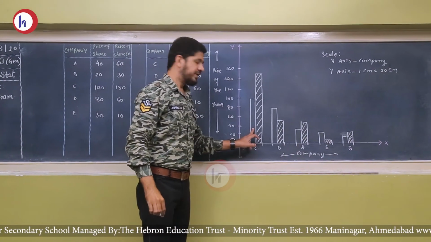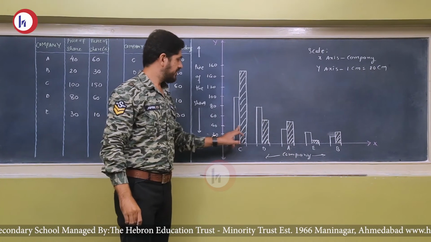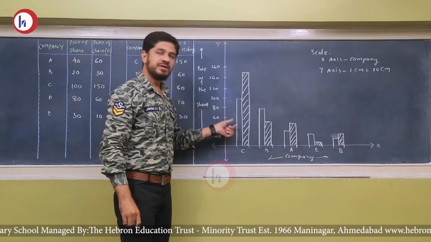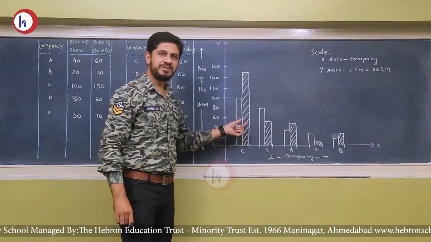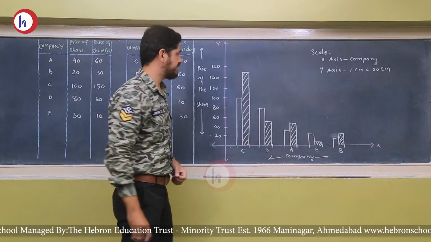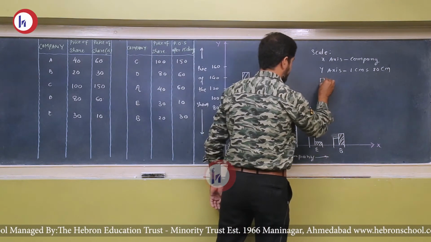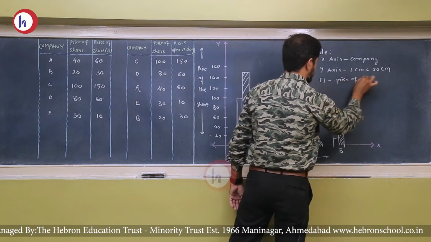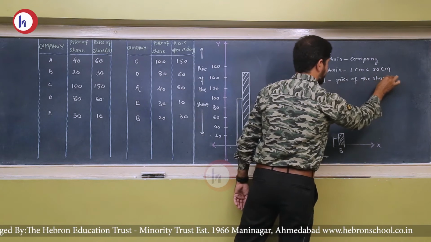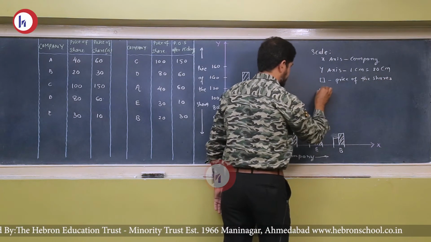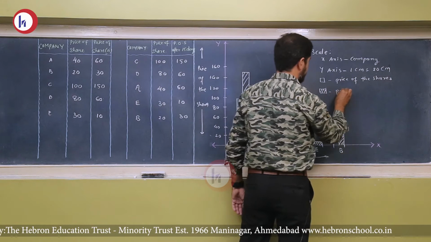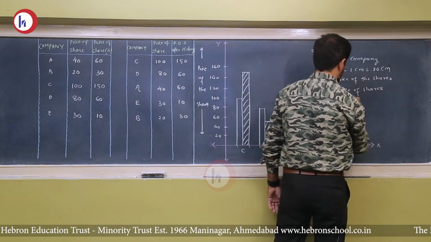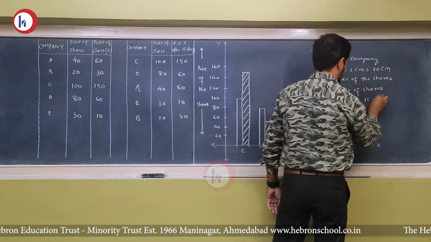Now we divide the bar graph into two parts. The first part represents the price of a share and the second part represents the price of the share after 15 days. So on the right side of the graph, the blank box represents the price of the shares and the colored block represents the price of shares after 15 days.